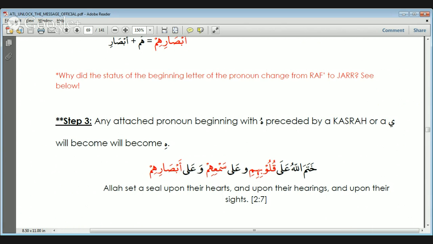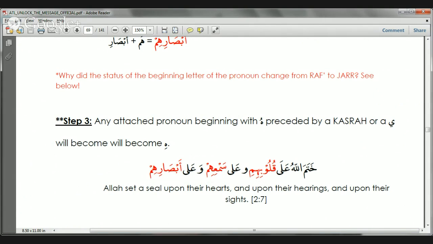The meem is supposed to have a sukoon. خَتَمَ اللَّهُ عَلَى قُلُوبِهِمْ. وَعَلَى سَمْعِهِمْ. It's kasra, right? Sam'ihim. وَعَلَى أَبْصَارِهِمْ. Allah said, seal upon their hearts and upon their hearings and upon their sights.